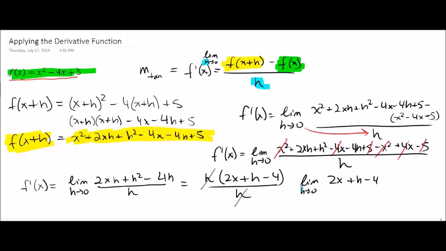Now we can go ahead and substitute our 0 as we have done in limit theory before, and we're left with 2x minus 4. So f prime of x, that is the slope of the tangent line at any given point on this graph, is equivalent to 2x minus 4.